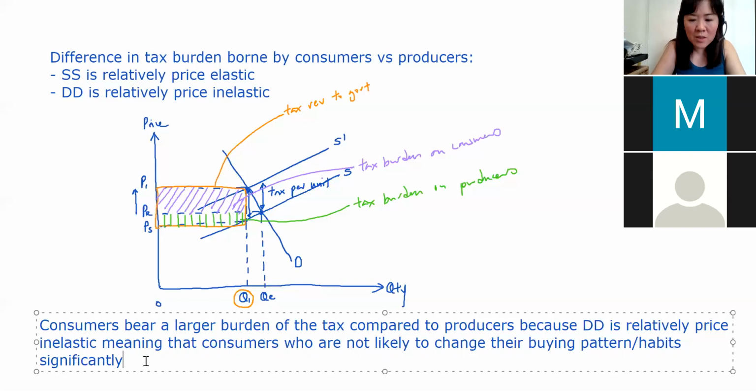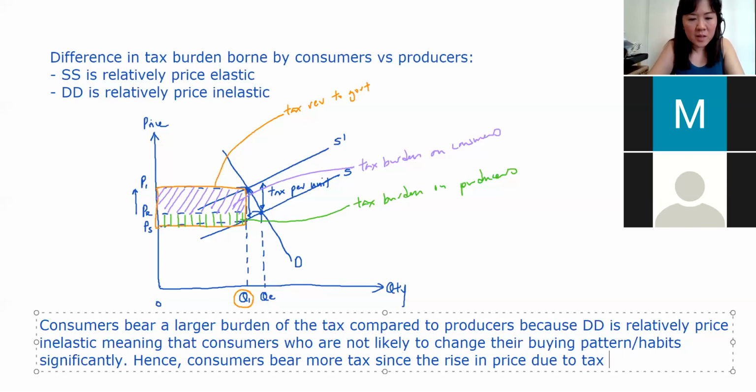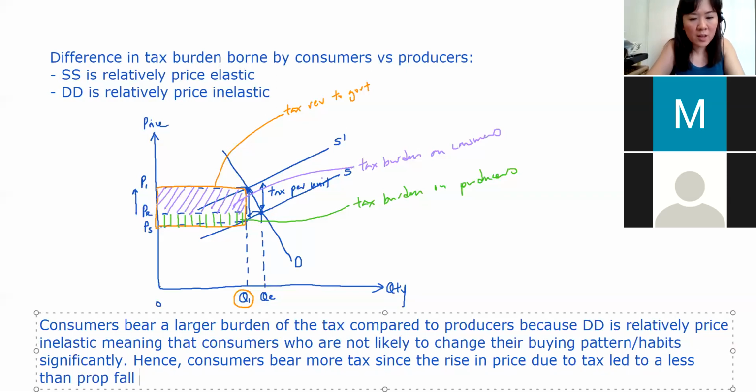So this is what it would have meant. Hence, consumers bear more tax, since the rise in price due to tax led to a less than proportionate fall in quantity demanded.